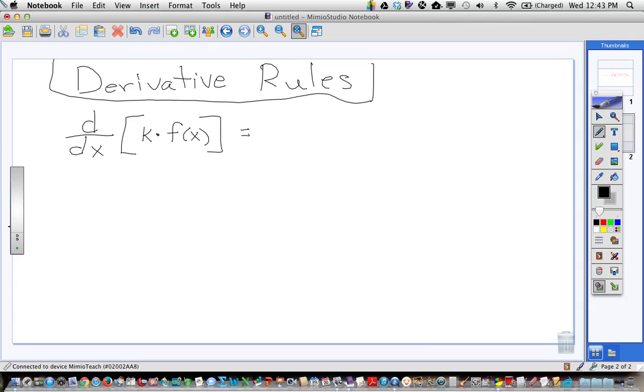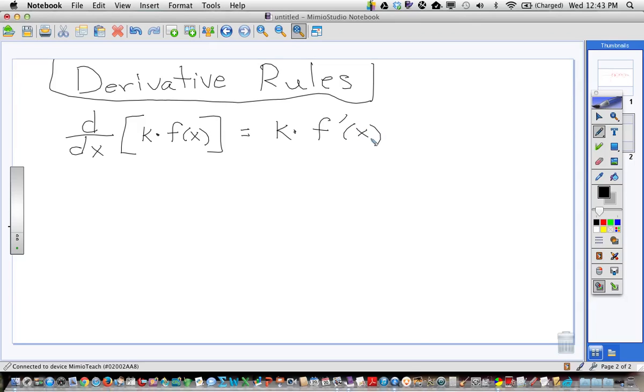So this just means a derivative with respect to x. And if my function looks like this, so if I got a sine, a power, whatever f is, if I have a number sitting in front of that function, what do I do when I do the derivative? What do I do with that number? It just sits there and multiplies times the derivative, right?